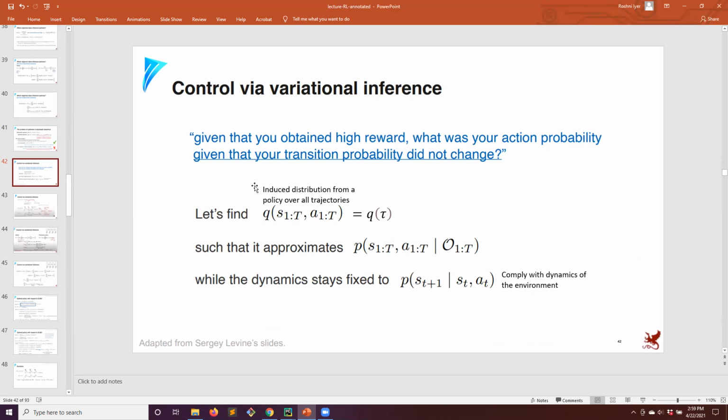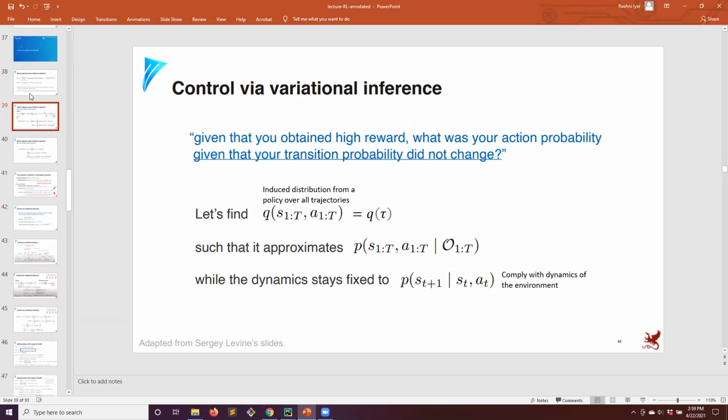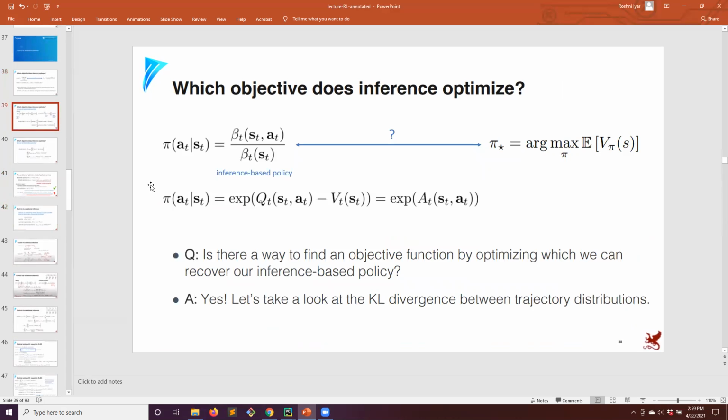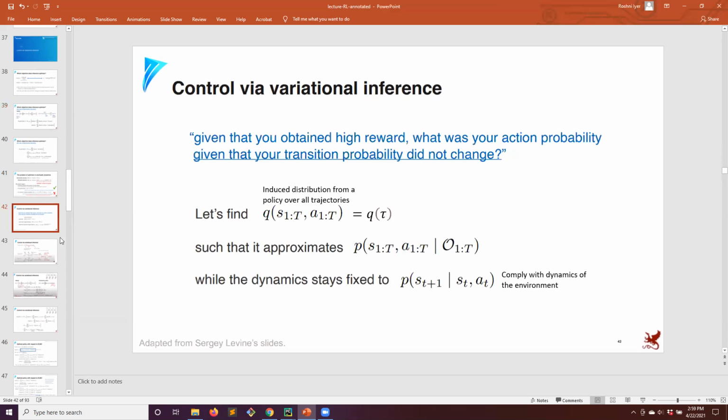So remember we had two kinds of policies. We first had this optimal policy, which is p of tau, and then we had this p hat of tau previously when we talked about this KL divergence. So let's use a similar idea where we have these two different policies that we want to minimize the KL divergence for.